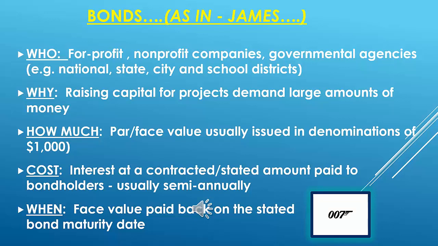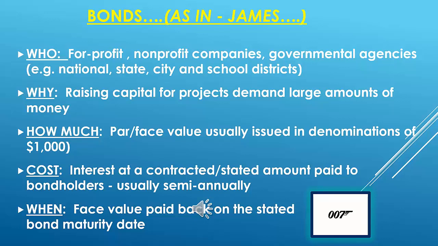So these bonds are typically used when a company needs to borrow large amounts of money and maybe doesn't want to take all that on in terms of a liability or a loan from the bank. So this way they cast a wider net and they're able to raise more money.